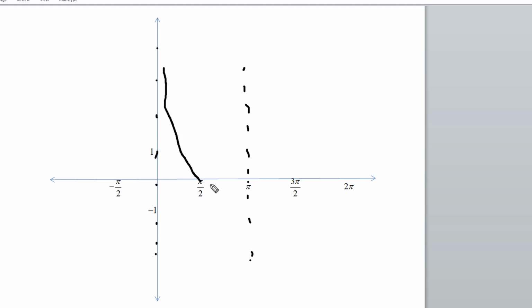And then if I were to pick values between 90 and 180 or pi over 2 and pi, I'm going to get negative values for cotangent. So the graph is going to go like this. And then over here it's going to repeat. On the left, the same thing. That's what the graph looks like.